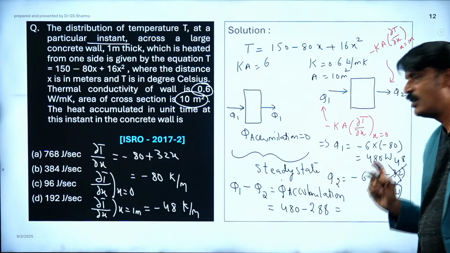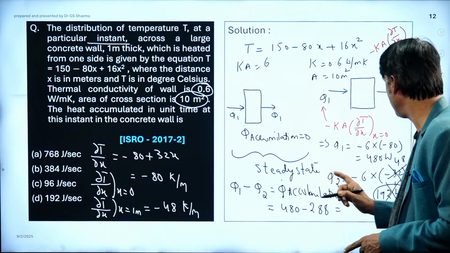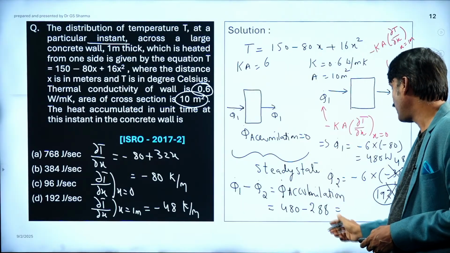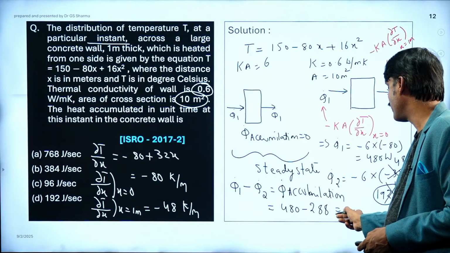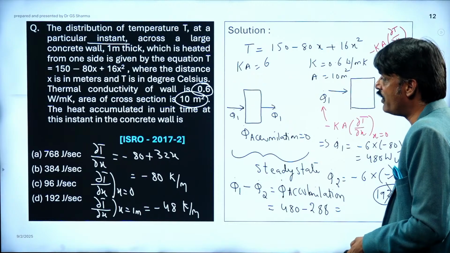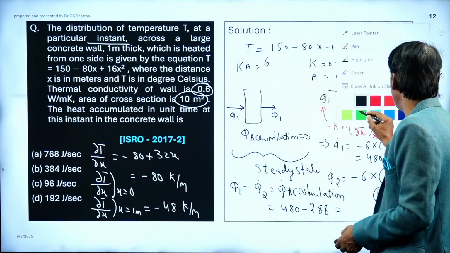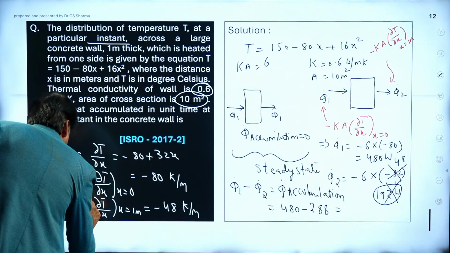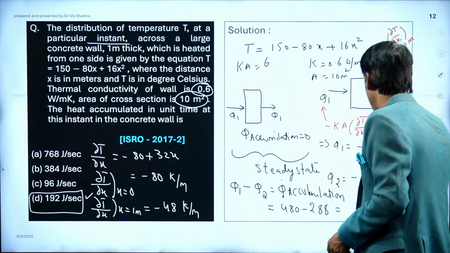Don't mind, I am trying to correct myself in this particular calculation. So this comes out to be 480 minus 288, which is 192. This is the answer, 192.